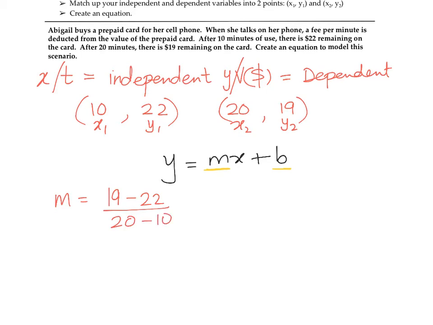So this comes out to m equals -3 divided by 10. Now, since m is how much value it's dropping per minute, m will be equal to -0.3.